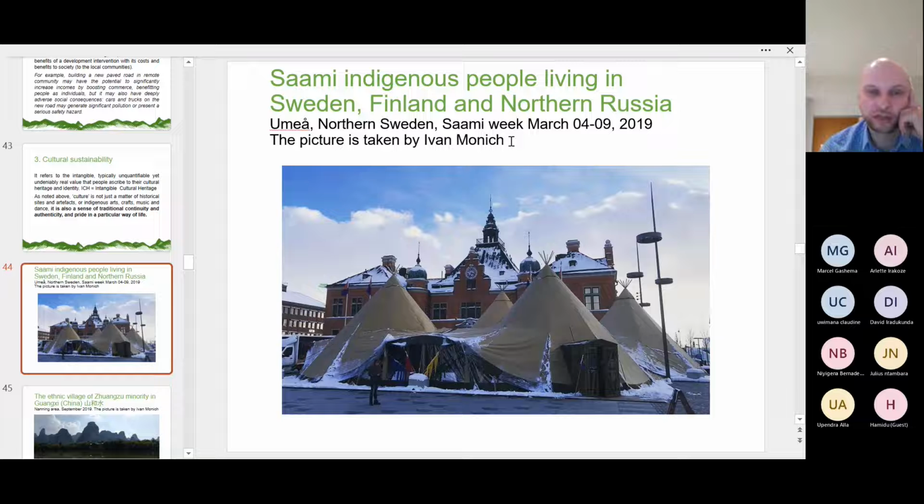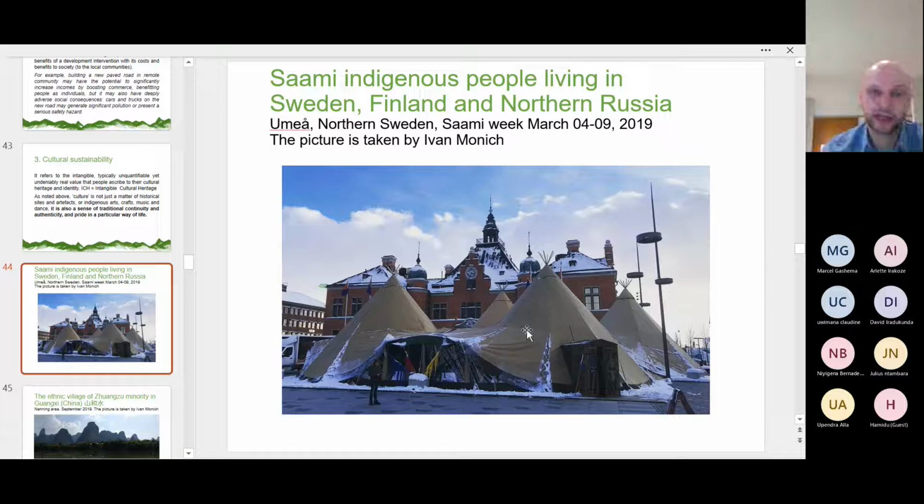Let me share some pictures of that festival. Here you can see the central square in the city center. For the entire week, you can taste the traditional cuisine of Sami people, indigenous people, or you can try the local food. You can see the traditional apartments, let's say homes, like these stands and so on.